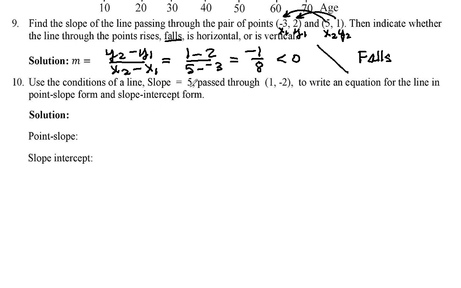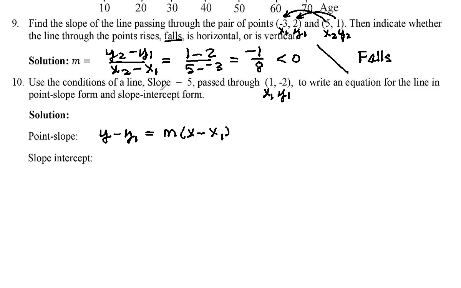And here we've got a line with slope 5 that goes through the point 1, -2, let's call that x1, y1. We're going to write the equation for the line in point slope form and also slope intercept. Point slope form, remember, is y minus y1 equals m times x minus x1.